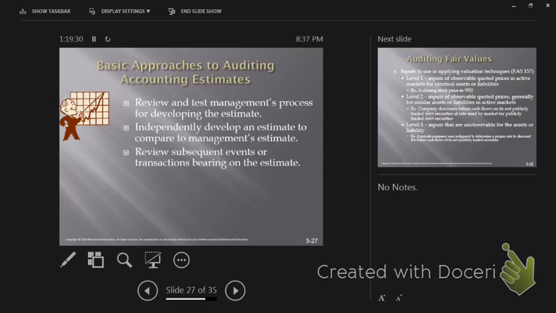And then you're like, well, how'd you come up with that? And there's no substance behind the estimate. So review and test the process that they used for developing the estimate. If they can't tell you how they came up with the estimate, that's not an estimate. That's called a guess. Okay? Accounting uses a lot of estimates, but guesses are not estimates.